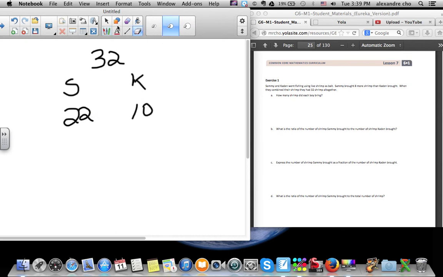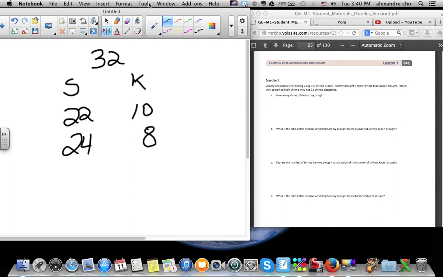I don't have to erase, maybe I'll just keep this. You're going to have to play with the numbers here. 24 and 12? No. 24 is not going to work because 24 and 8, that's 32, but the difference is too much.